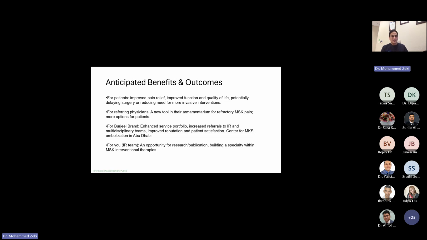So what is the anticipated outcome for the patient? It will be improved pain relief, improved function and quality of life, and potentially it will delay surgery, reducing the need for more intensive treatment or more steroid injections. For the referring physician, it's a new tool. You will have this new tool available here in Burjeel, especially for refractory MSK pain.